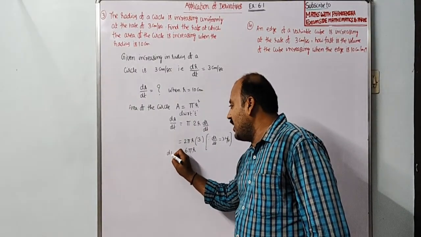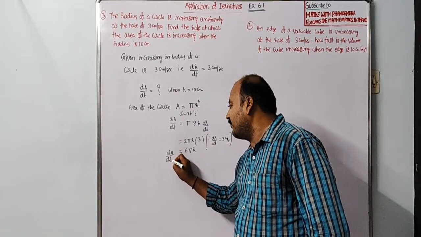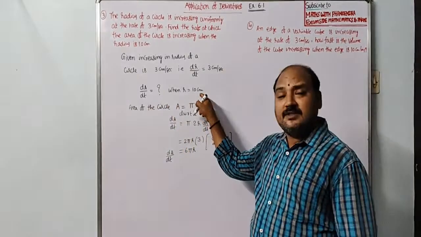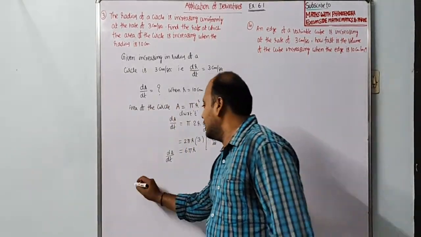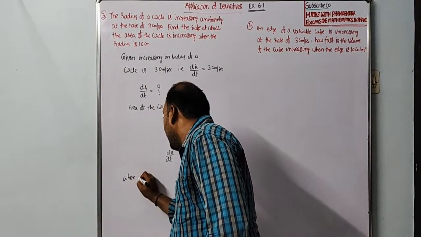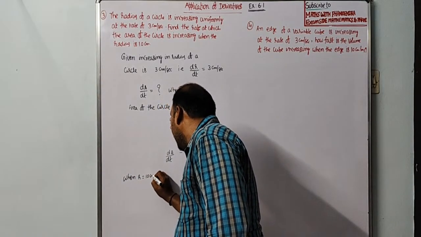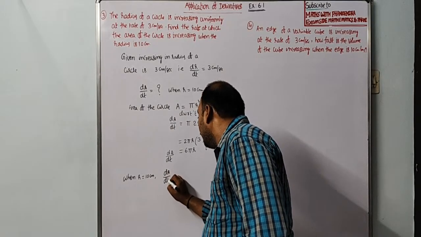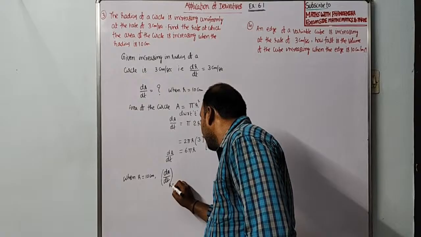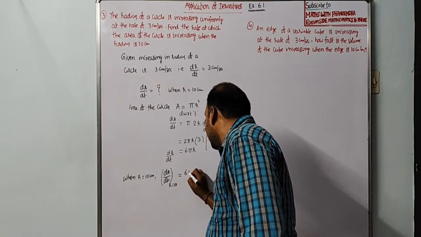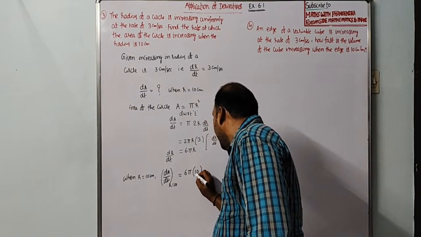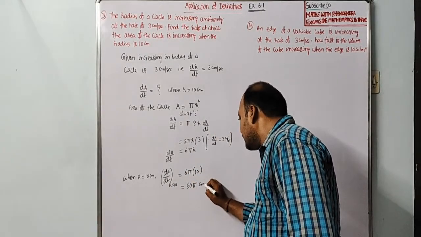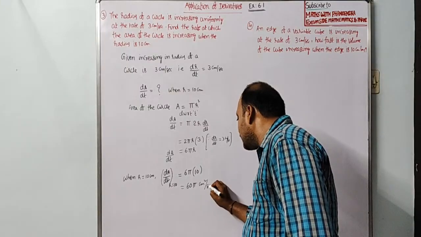This is dA by dt, the rate of change of area of the circle. When radius r is equal to 10 centimeters, dA by dt is equal to 6 pi into r value 10, that is equal to 60 pi centimeter square per second.